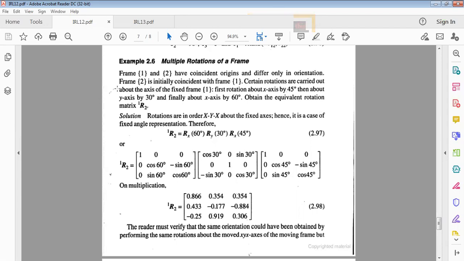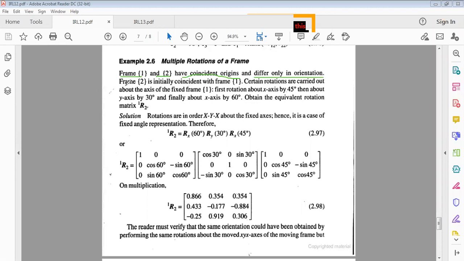Okay, so let us read the problem. Frame 1 and frame 2 have coincident origins and differ only in orientation.